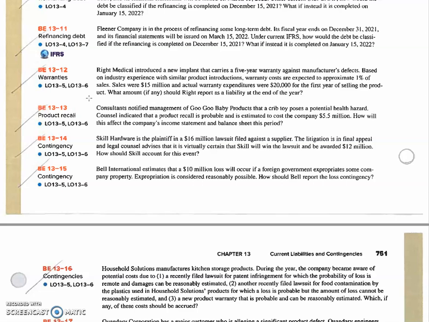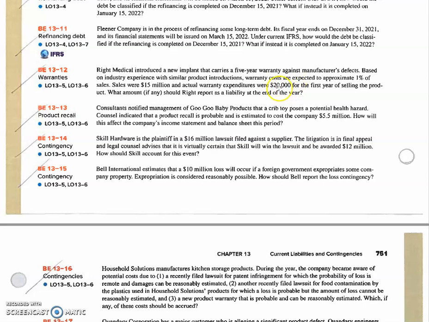Well, the answer is they should record as a warranty expense 1% of $15 million. That would be $150,000. So they would debit warranty expense for $150,000, credit warranty liability. Then as they paid these $20,000 in claims, they would debit warranty liability and credit cash.